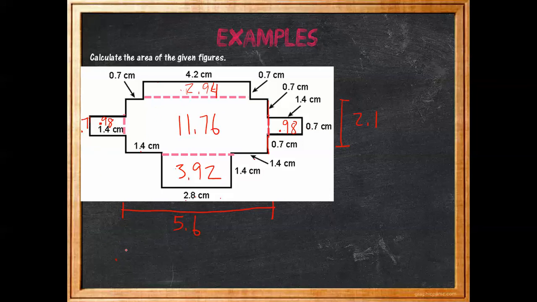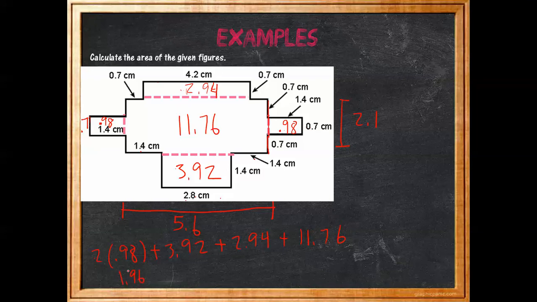So now I'm just going to add them up. I have 0.98, and I had that on the other side, so I'm going to multiply that by 2. Then I have 3.92, and then 2.94, and then 11.76. 2 times 0.98 gives me 1.96.